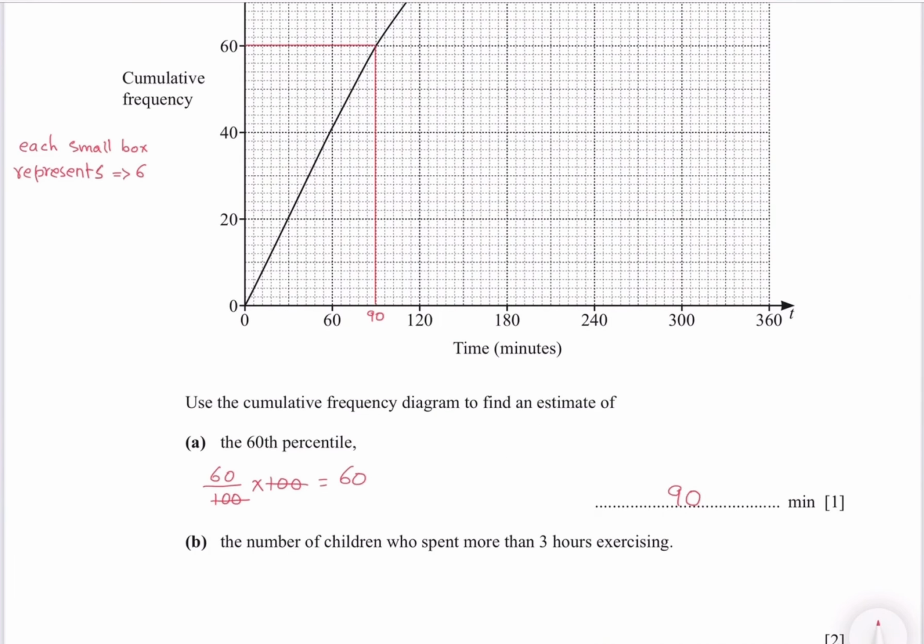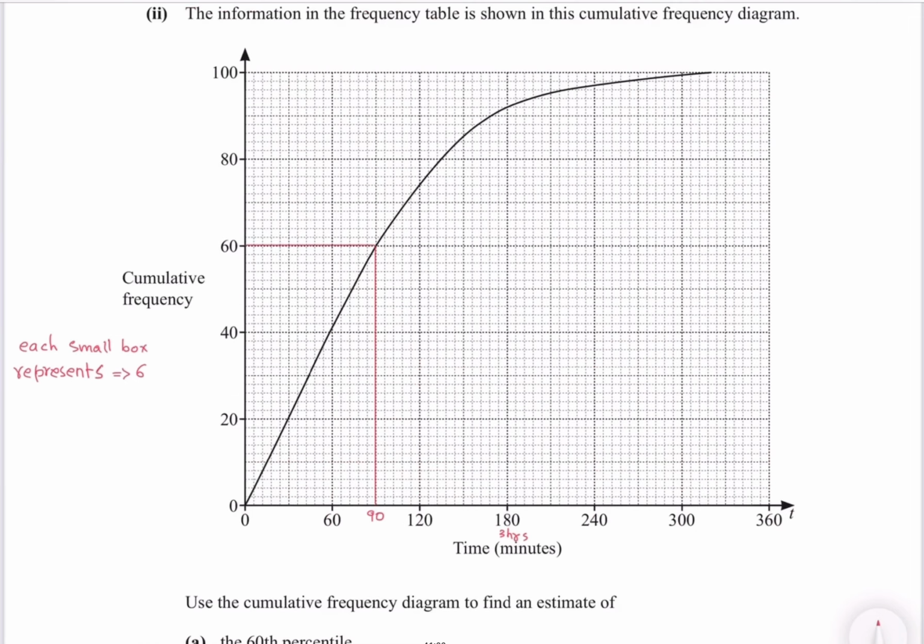So your answer is 90 minutes. The number of children who spend more than 3 hours exercising. So more than 3 hours. 3 hours means 180 minutes. So from 180, go to the graph and touch the corresponding value on the y-axis and read the small block, what it represents there.